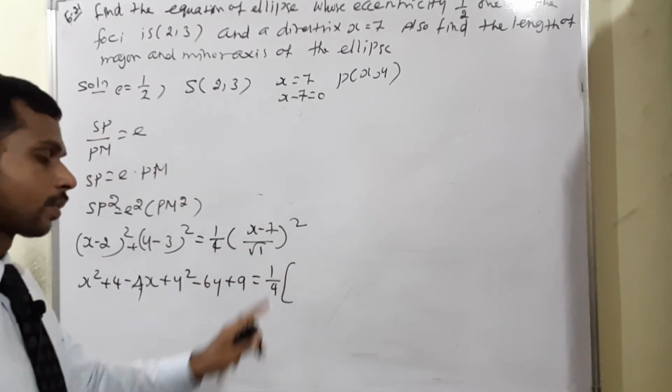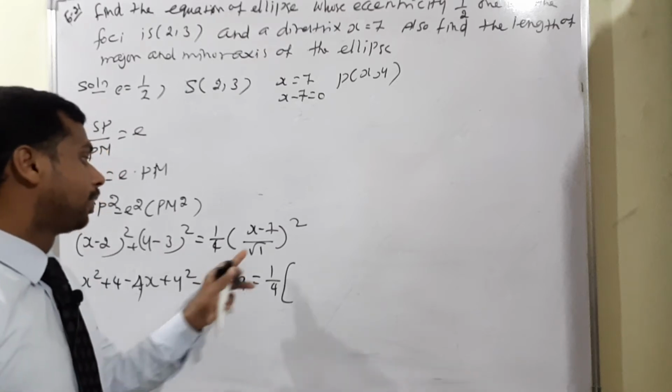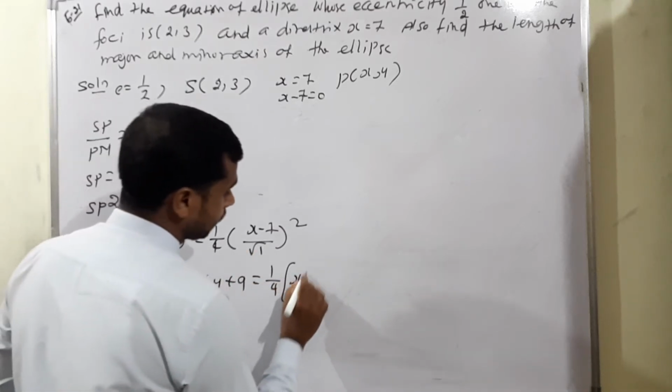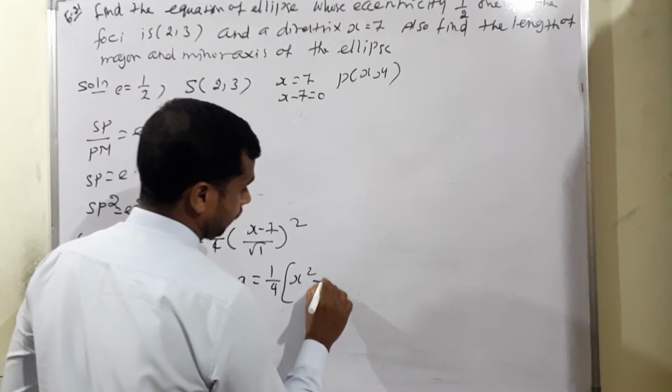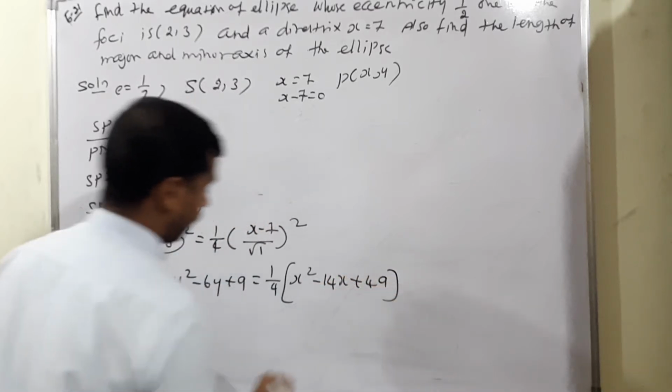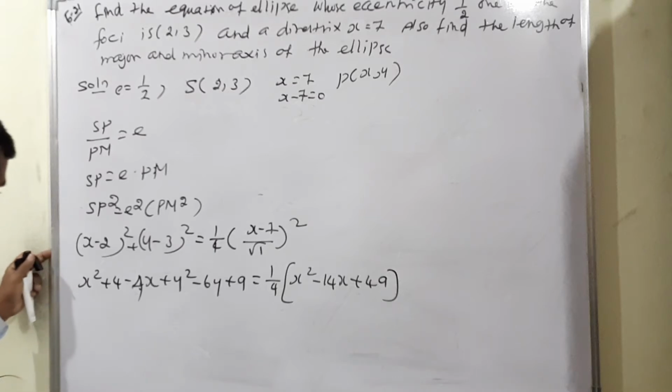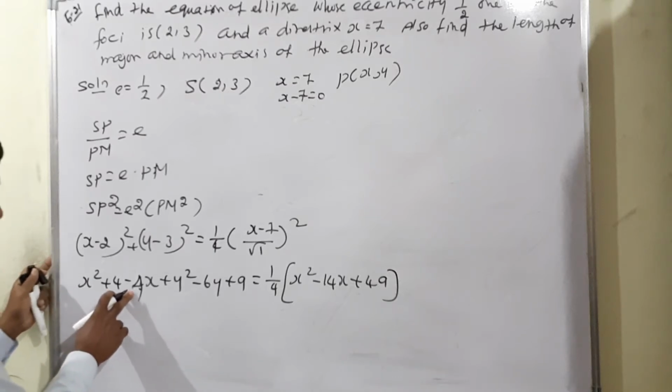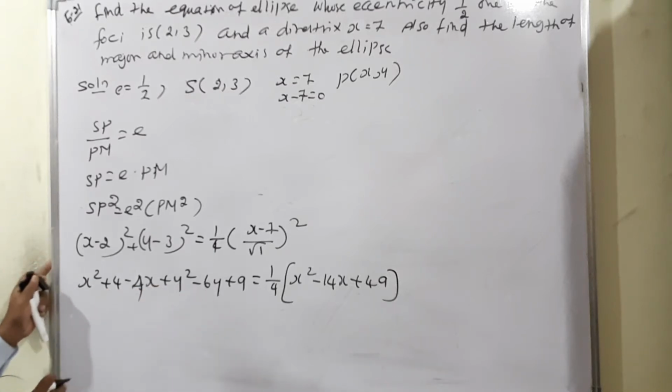The denominator square root of 1 is 1. (x minus 7) the whole square means x square minus 14x plus 49.